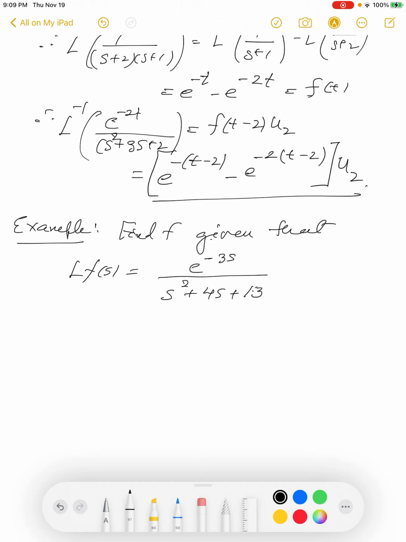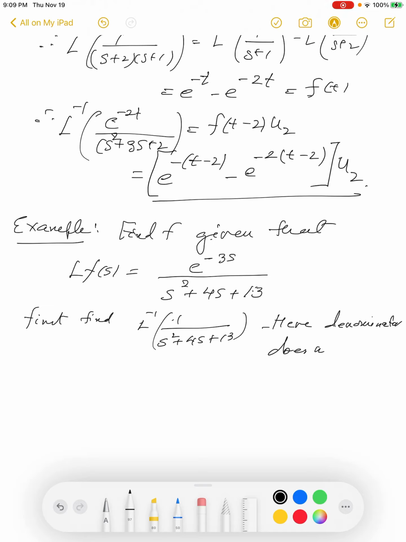So here you cannot factor the denominator. So first find L inverse of 1 over s square plus 4s plus 13. Whenever the denominator doesn't factor, you have to use the trick of completing squares and shift formula 1.